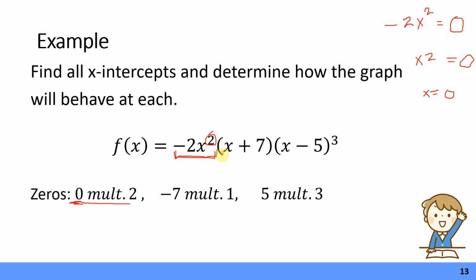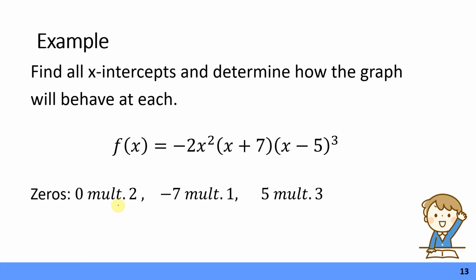Okay. Now, again, if I set this equal to 0, I'm going to get the opposite, which is negative 7. Multiplicity, there's nothing, so it's an invisible 1. And then the very last one, if I set this equal to 0, the opposite is 5. And then multiplicity is the exponent, which is 3. Now, the last thing I have to do in order to find the behavior, I just look at the multiplicities. Are they even or odd?